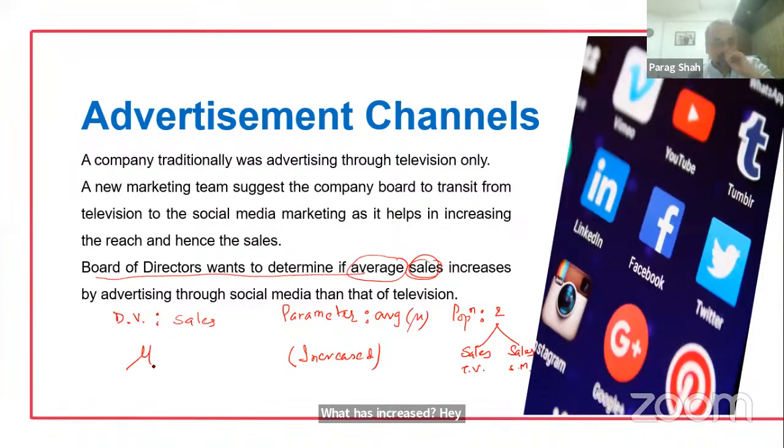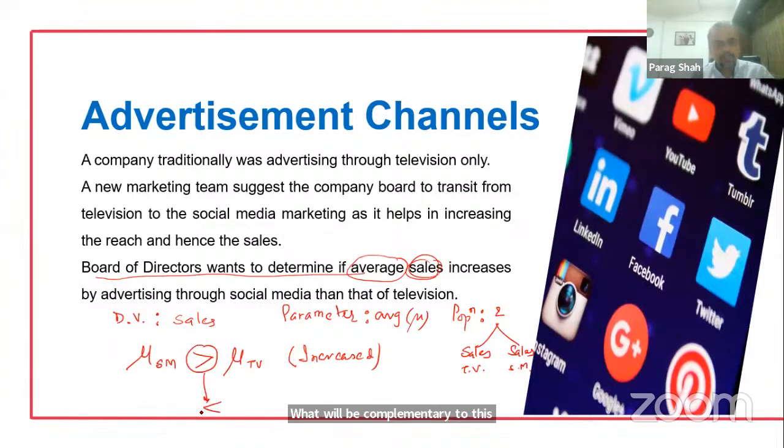Sales because of social media has increased, means it is greater than the sales of TV. Sales by advertisement on TV. So sales by marketing on social media is increasing the sales than that of TV. What will be complementary to this?